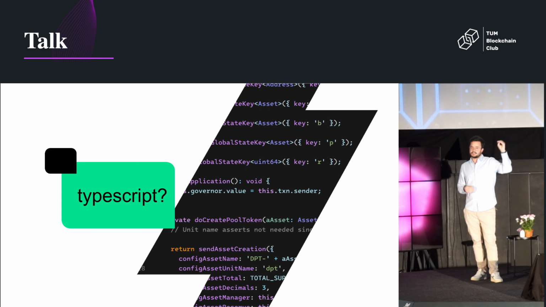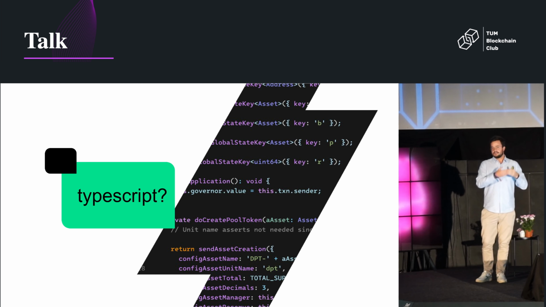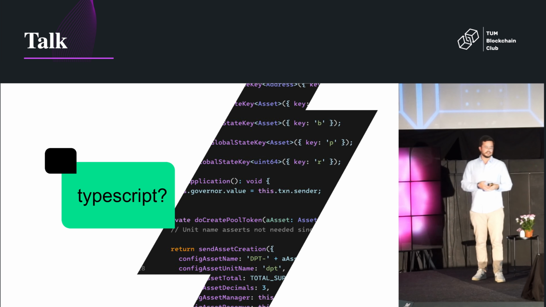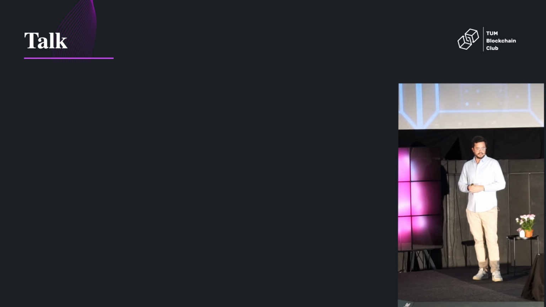For all languages that integrate at the top of the stack, all the improvements that we do at the various transpiler and compiling stages will benefit every single other language. So this is gearing us towards the next 20, 30 years of blockchain development. So yeah, this is what we're working on.